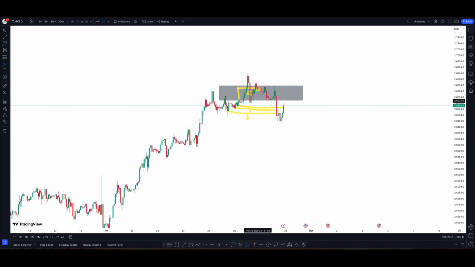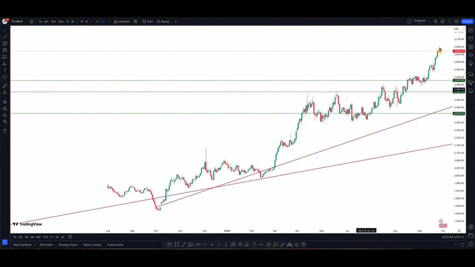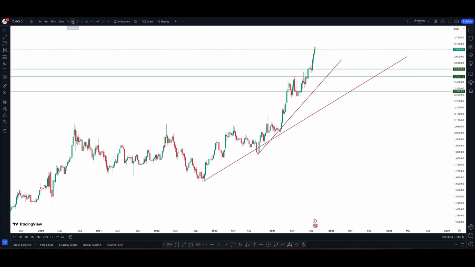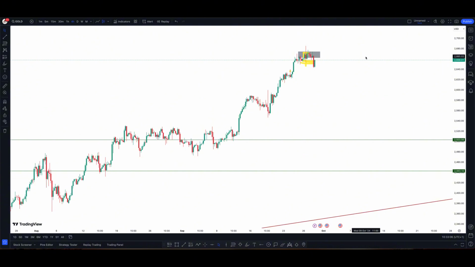I know that obviously this gold is in an uptrend, because if you look at the daily time frame, you can see that it's in a pure uptrend, and weekly is an uptrend. 4 hours just did a change of character. Yes, 4 hours did a change of character.